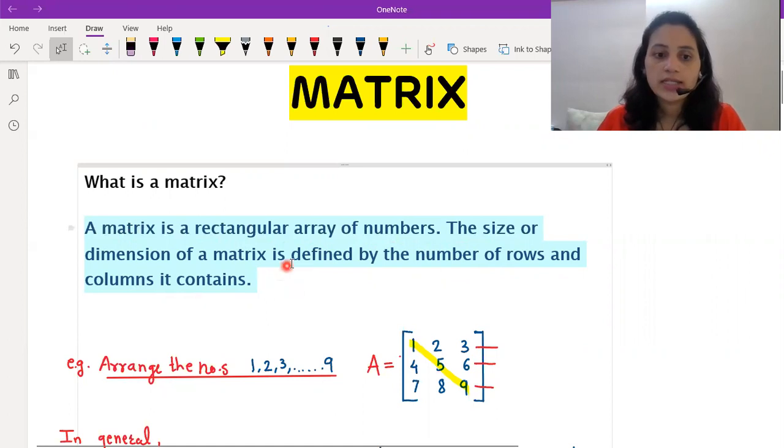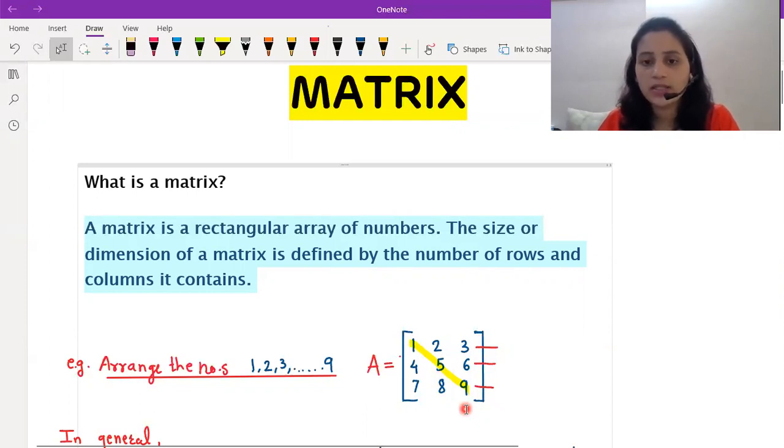Okay. Let's see one example. Suppose I want to arrange these 9 numbers in a matrix form, or in a rectangular form. Then what will we do? I will do it this way. Suppose 1, 2, 3, 4, 5, 6, 7, 8, 9. I arrange them this way and then I put the bracket over here, right? Bracketed notation. And this bracketed notation is nothing but the matrix, or you can say this notation is used to indicate the matrix.